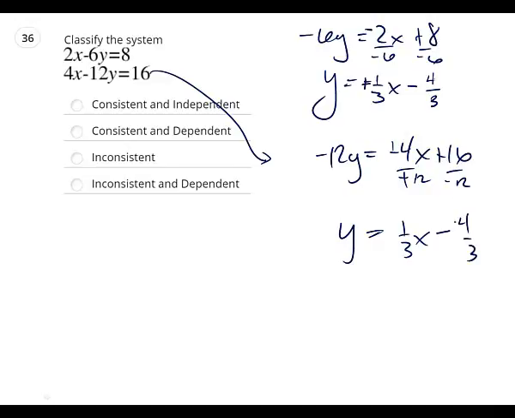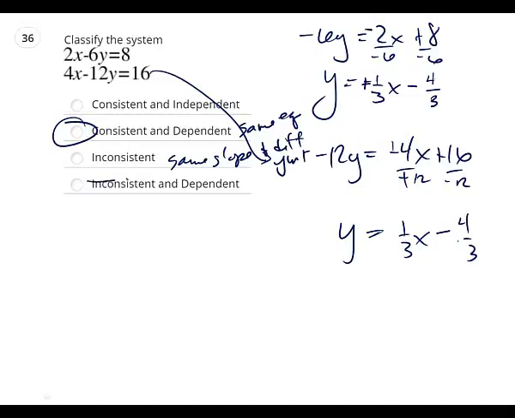So when the equations are exactly the same, it is consistent and dependent. That means we have the same equation. Consistent and independent is basically they're not the same. They cross somehow. Inconsistent, they have the same slope and different y-intercepts.